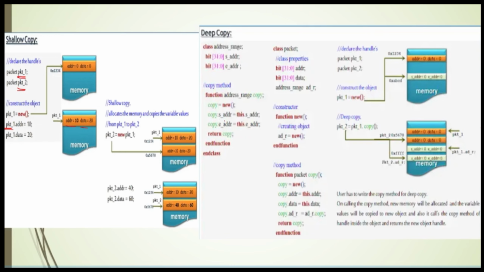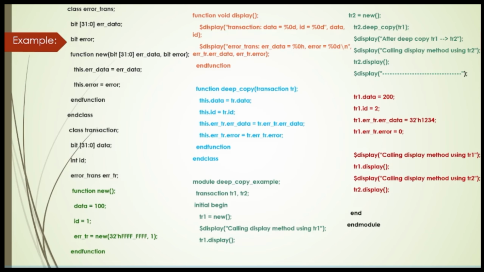So for that, as I told you, we will write a copy method in this deep copy. Within that copy method, you will copy in depth all the internal objects that are present in one particular parent class.